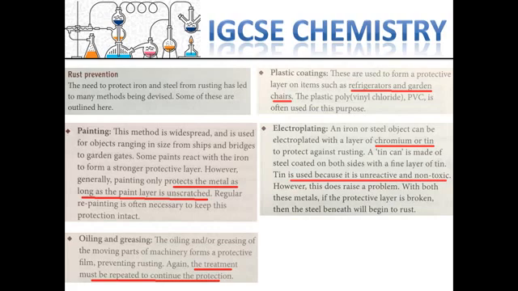The plastic is in the form of liquid, a molten plastic, used for things like a refrigerator or a garden chair. A garden chair has iron, and refrigerators or fridges also have iron, but they are not rusted for a long time when used in a home because of plastic coating.